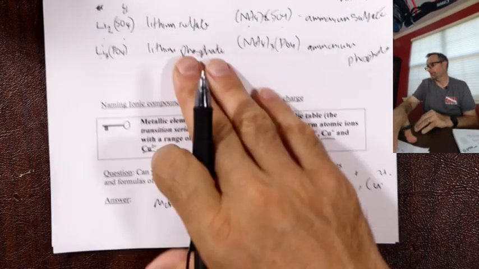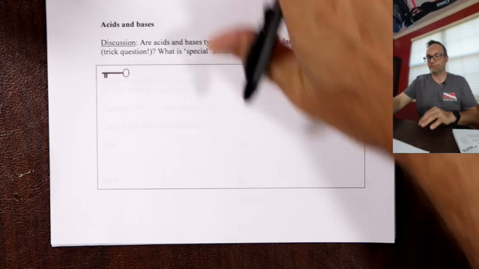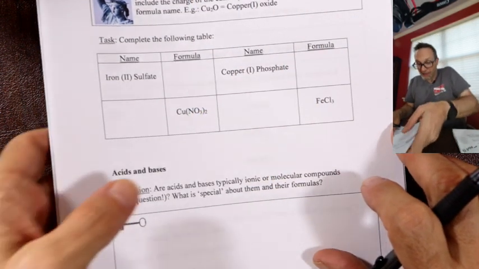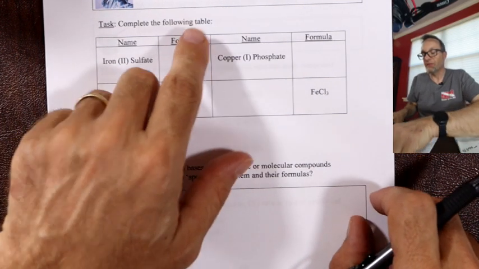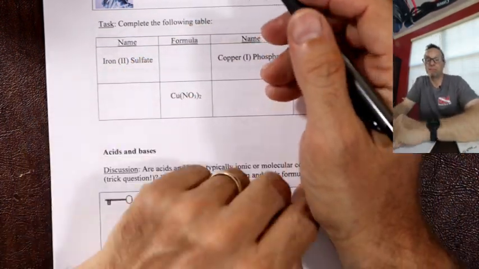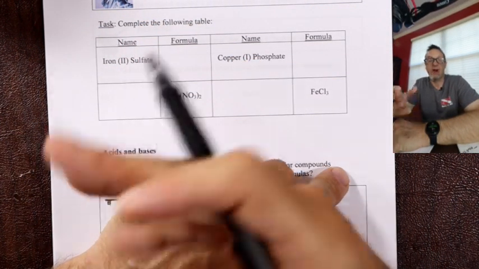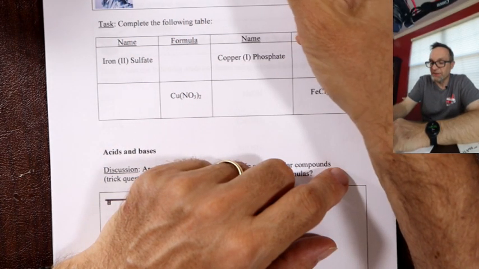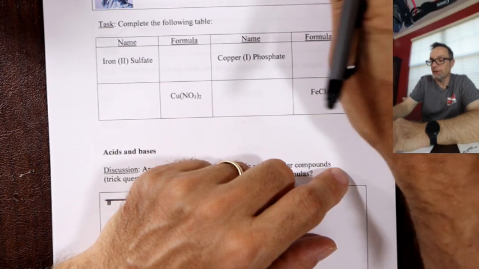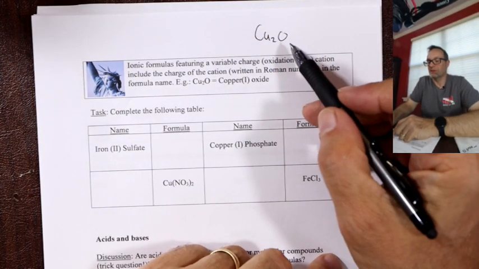That's the question, right? Well, it's actually simpler than you think, okay? You just name it based on which charge ion you use, okay? So if we look at this one here, the Statue of Liberty, we talked about it a little bit previously, and copper pennies go green, Statue of Liberty has a green tarnish, right? That stuff is Cu2O. That's the green tarnish on the Statue of Liberty.